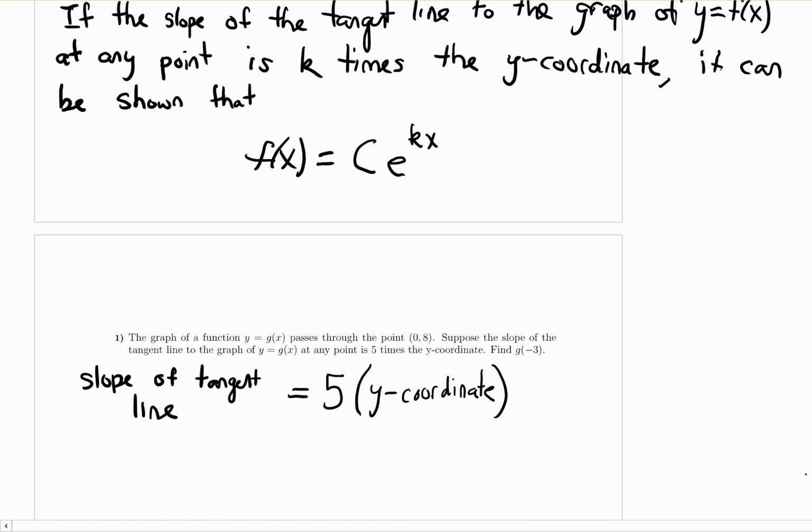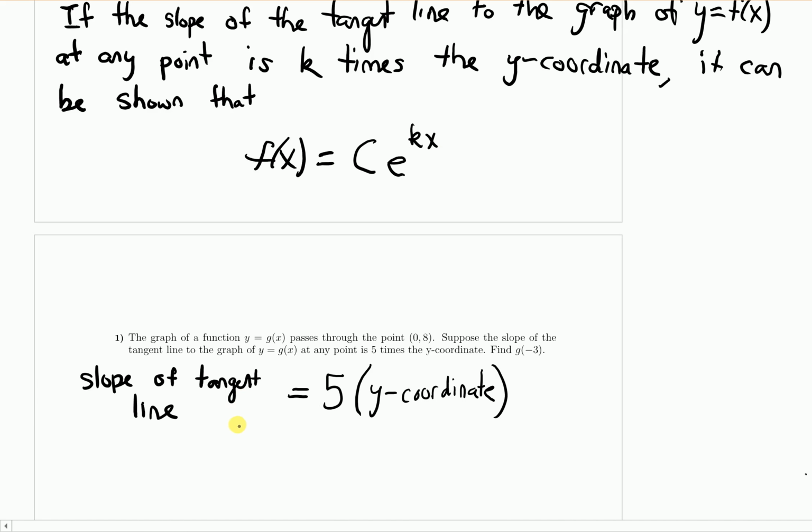So this equation right here says the slope of the tangent line equals 5 times the y coordinate. That's saying basically the same thing that this remark up here said. This remark said if the slope of the tangent line to the graph is k times the y coordinate, then the function looks like this. It's some exponential function that has this form.